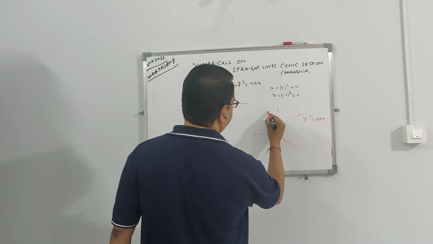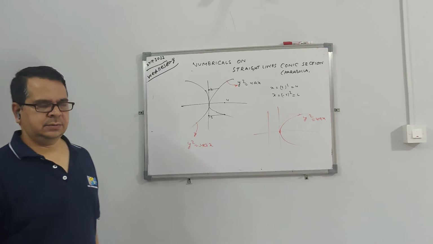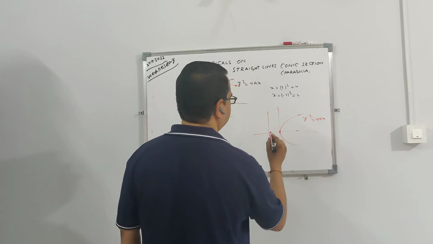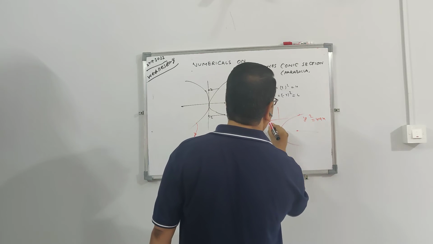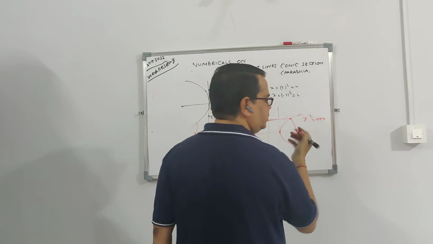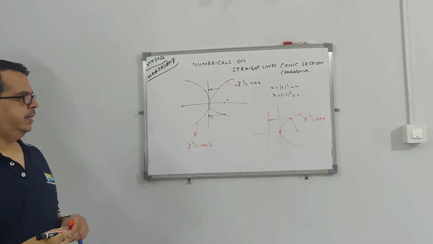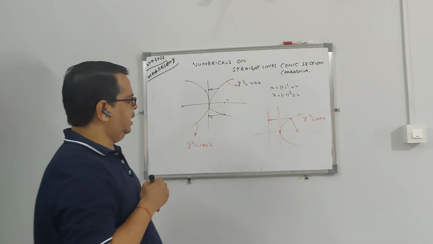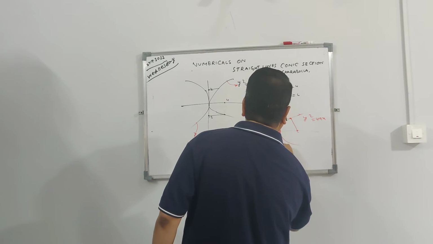So the directrix is here. Okay. And you have a focus. So this is your focus. So the distance from the directrix and the distance from the focus are equal. That's the condition of a parabola. Okay. So this is your directrix, and let us say this distance is a.